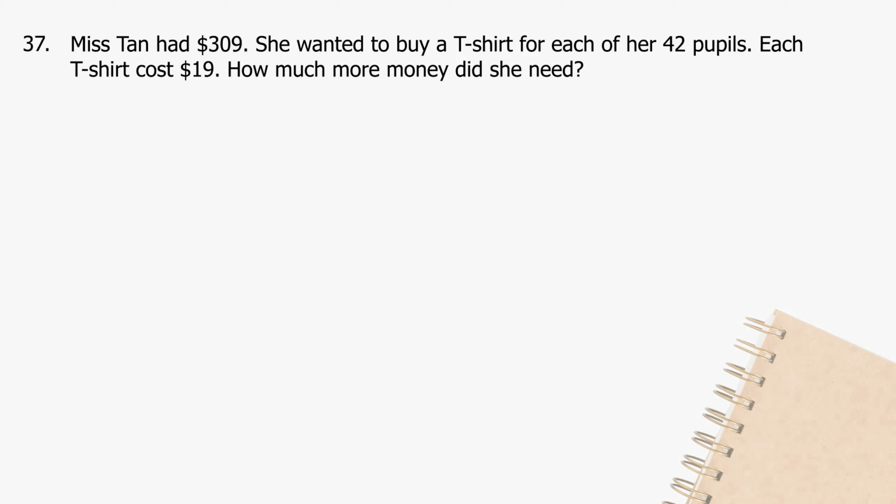Question 37. Miss Tan had $309. She wanted to buy a T-shirt for each of her 42 pupils. Each T-shirt cost $19. How much more money did she need?